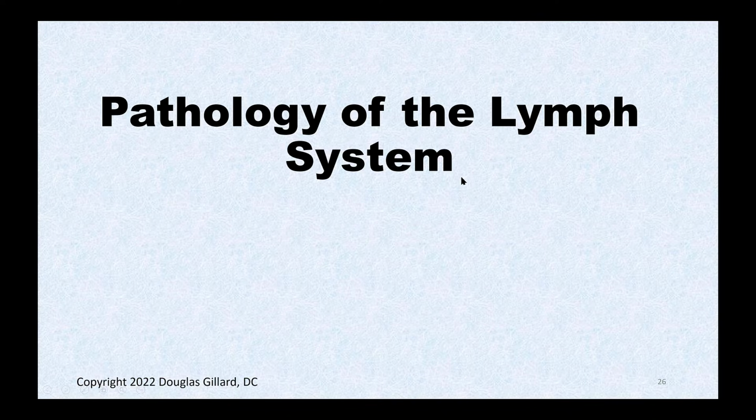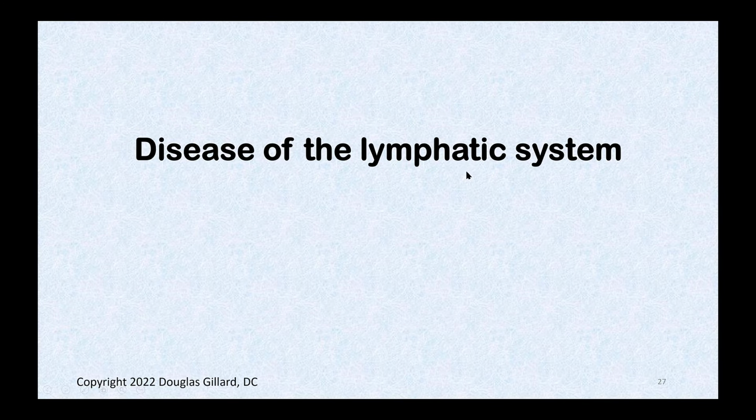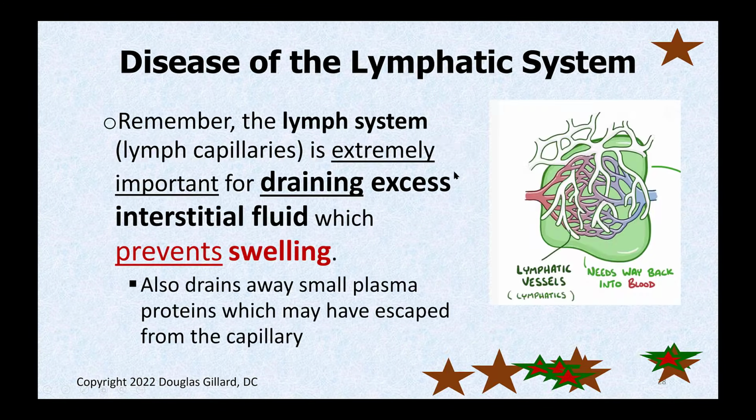Let's switch gears. Let's talk about the lymph system, diseases of the lymph system. Remember the lymph system, we talked about that a lot. We have microcirculation and capillaries all over the body. We have these blind-ended lymph capillaries that suck excess interstitial fluid up all the time.